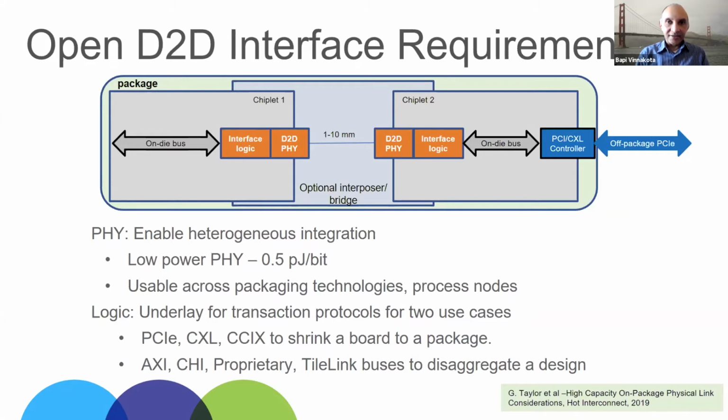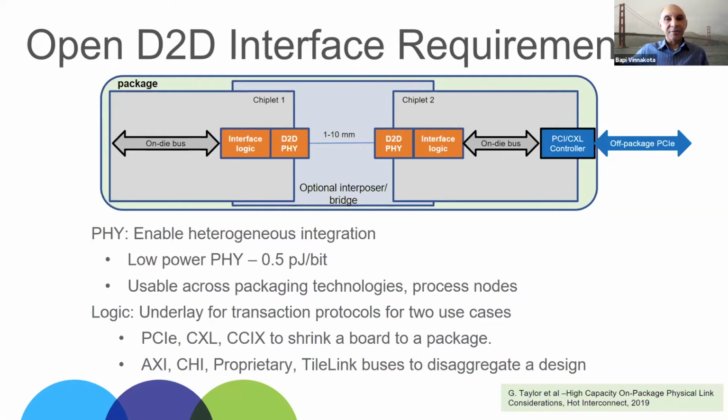The reason you want a new PHY optimized for die-to-die communication is that you want its performance to not cost you a lot in power efficiency. So this turns out to be the magic figure, 0.5 picojoules per bit.